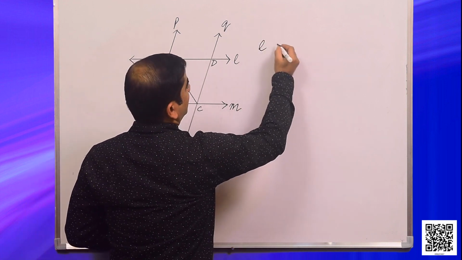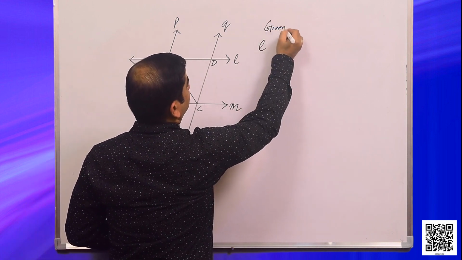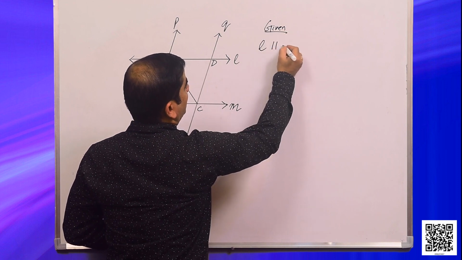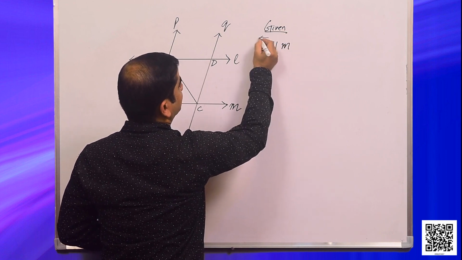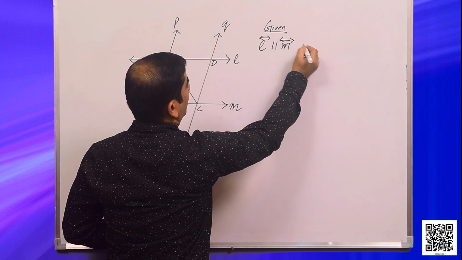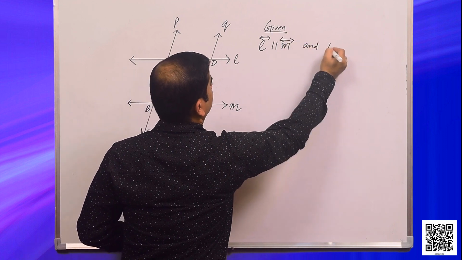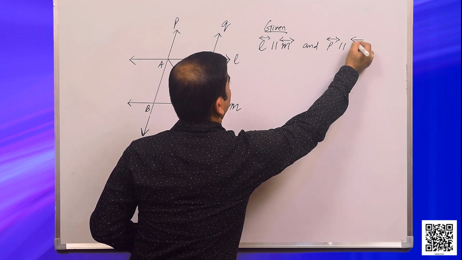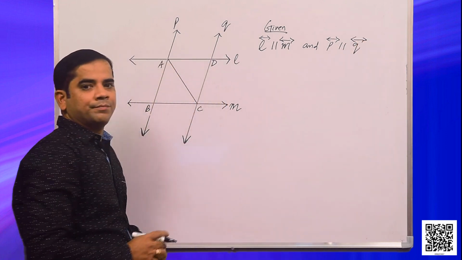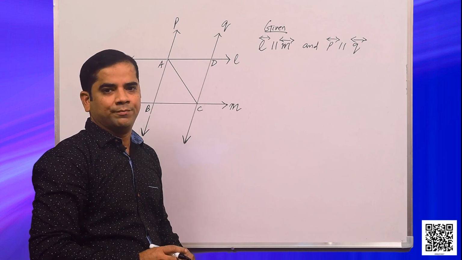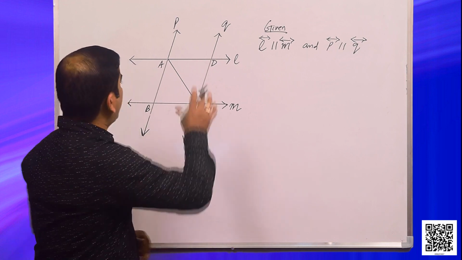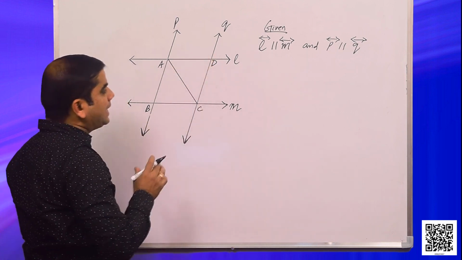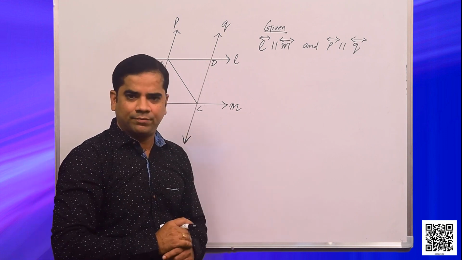That means it is given that L is parallel to M, and P is parallel to Q.